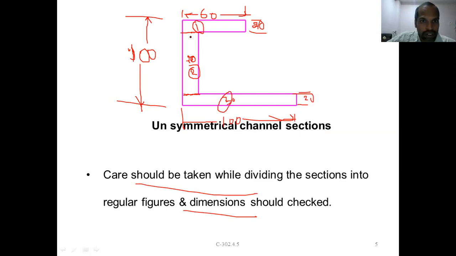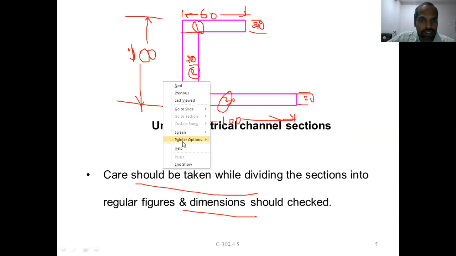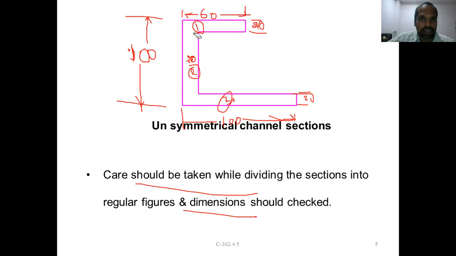Don't think that it always has to be divided like this. If you want, instead of this one, you can divide like this also. Nothing wrong. The choice is left to whoever is doing this. You can divide in any way.